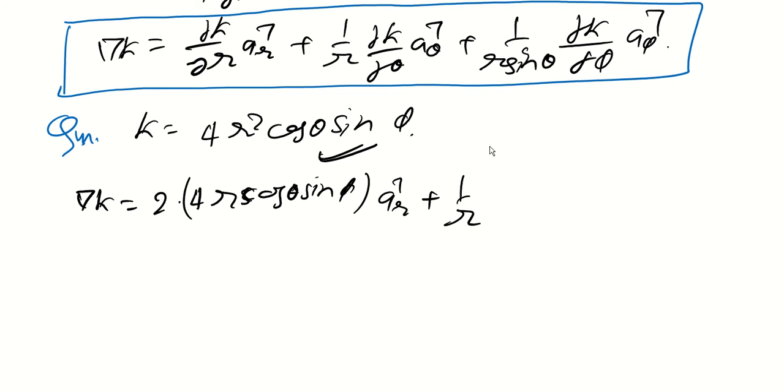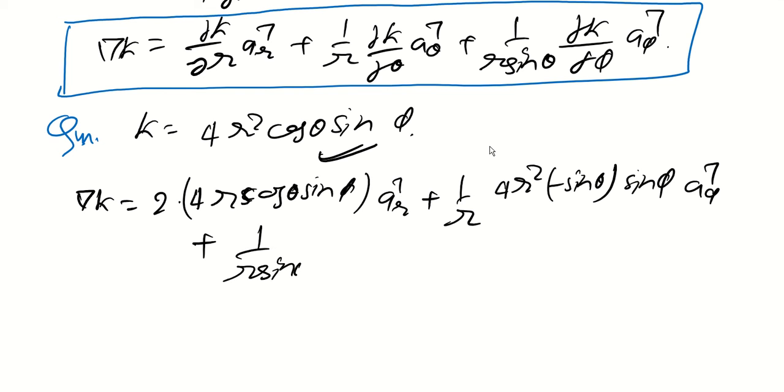So it will become 4r square into minus sin theta sin phi a theta, plus the last one is 1 by r sin theta into differentiate with respect to phi. So sin phi will become cos phi. So it will become 4r square cos theta cos phi, isn't it? And this will become a phi.